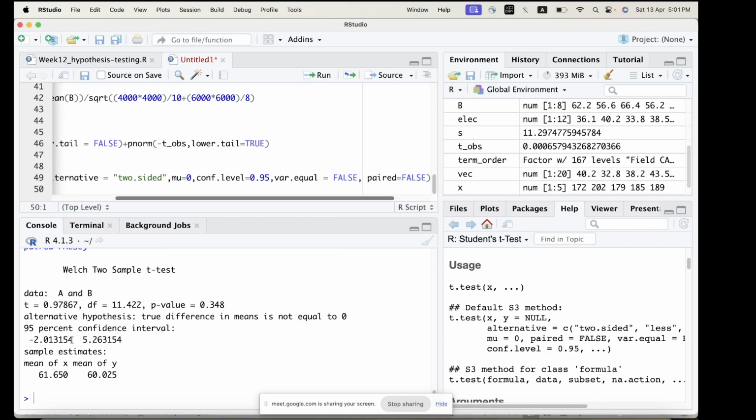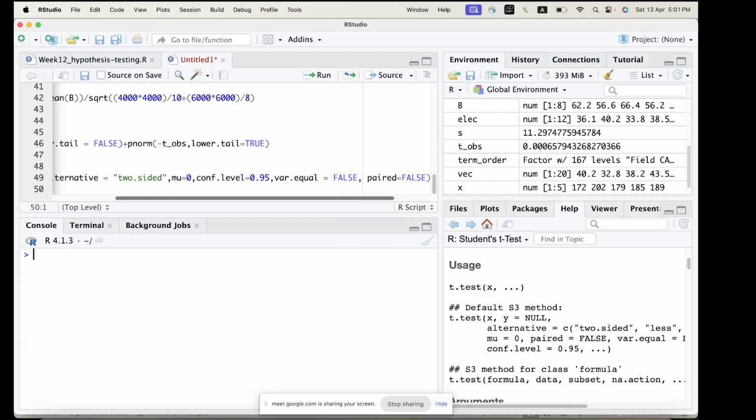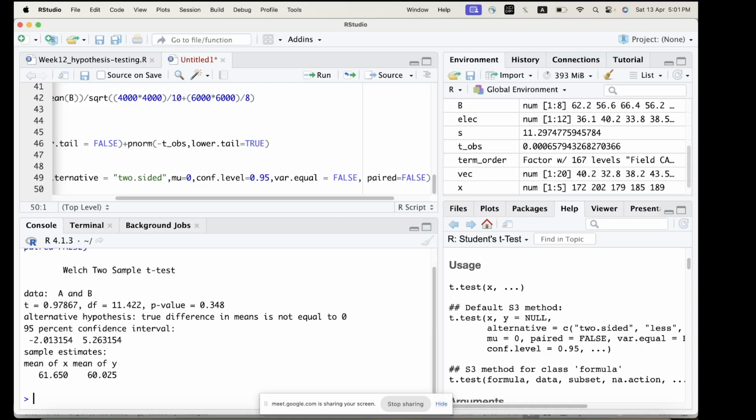So from this test we got this value. This is my t statistic 0.9787867, df is 11.422, p value is 0.348, and this is the sample estimates.